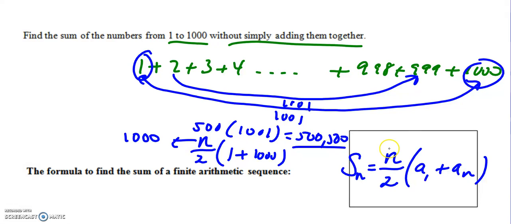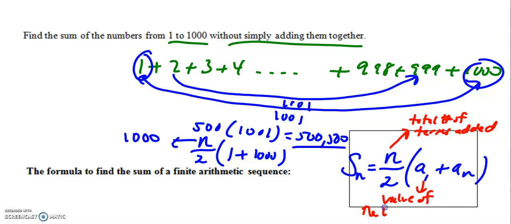So just to reiterate, n really represents the total number of terms added. A sub 1 represents the value of the first term. A sub n really represents the value of the nth term.